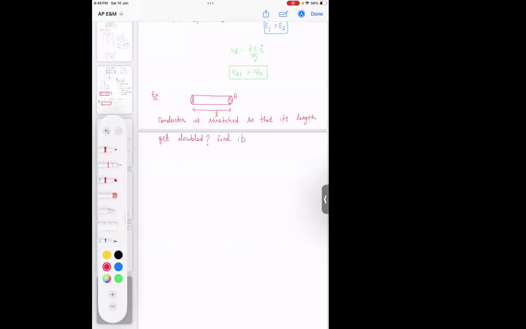Find its new resistance. How many times the resistance has become? That is what they are asking in the question.